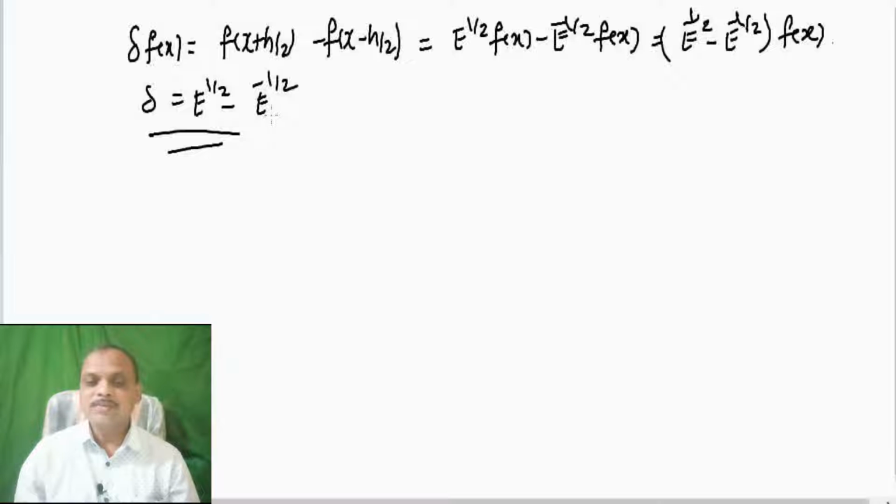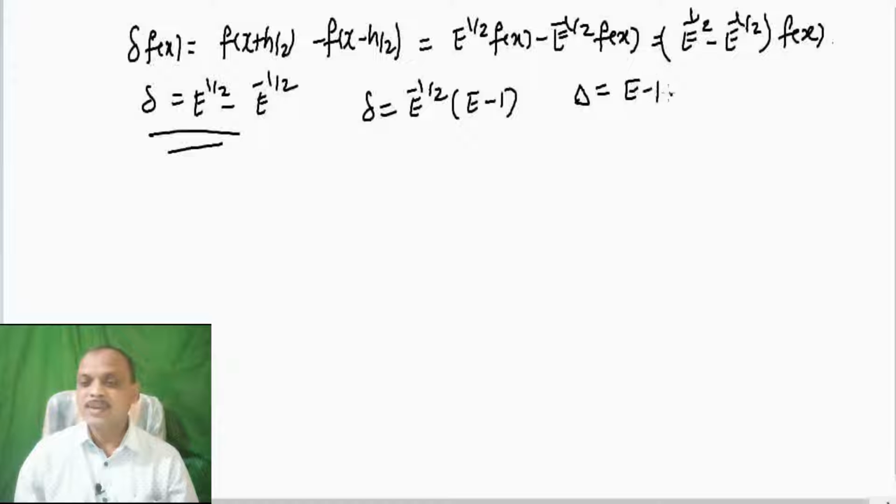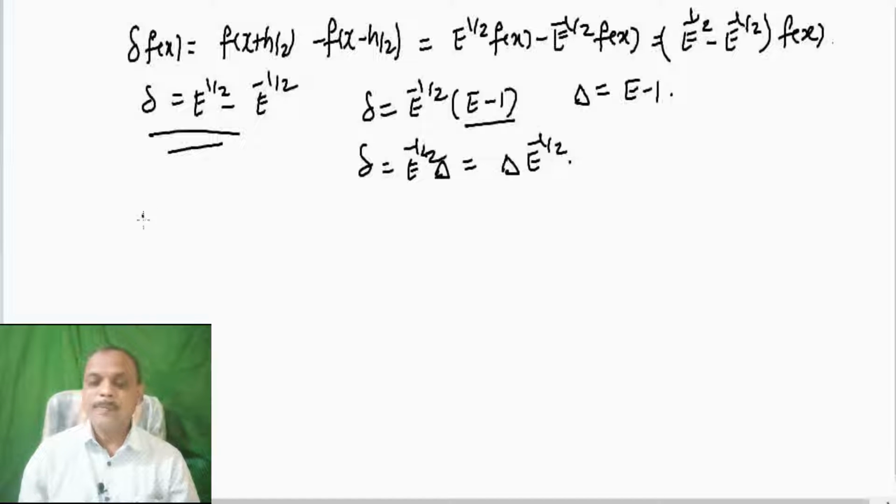Now if we take e raised to minus 1 by 2 as a common factor, then del equal to e raised to minus 1 by 2 into e minus 1, and the forward differencing operator delta equal to e minus 1. So del equal to e raised to minus 1 by 2 into the forward differencing operator delta, or delta into e raised to minus 1 by 2.